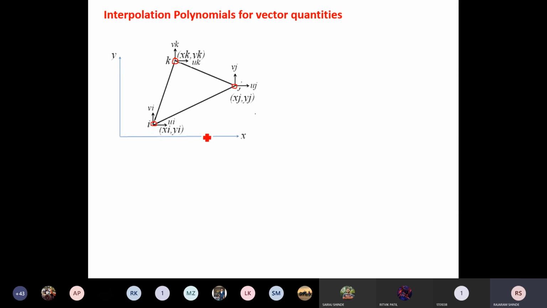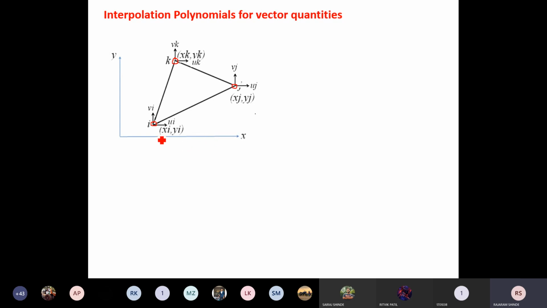Because displacement is a vector quantity, and at each node we have two components of the displacement. At I node we have displacement in x direction, and we have displacement in y direction. At J node also we have displacement in x direction, and displacement in y direction. Now at K node we have displacement in x direction and displacement in y direction.